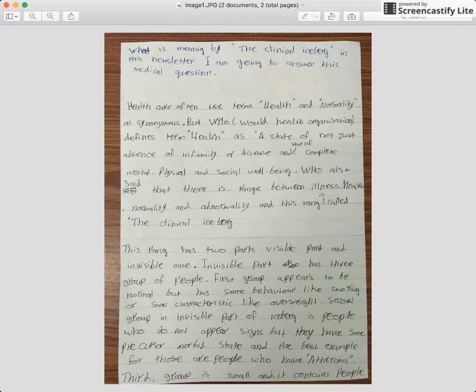Okay, actually, the first group, remember, is the healthy people, right? The healthy, normal people. So you've missed a group here. Some behavior like smoking or characteristics like overweight.